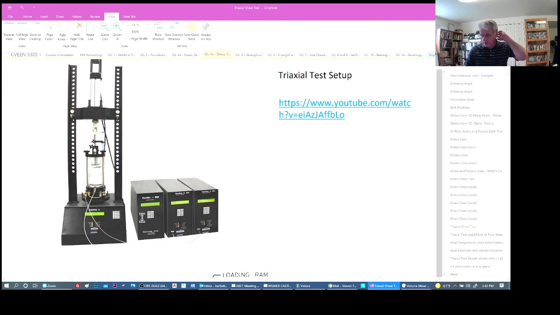So in a consolidated drained test, we'd have the specimen in here and we would flow water in it until it's completely saturated. And then we would begin to consolidate it by applying pressure to the cell, but not putting any pressure in the vertical direction downward. So it has a state of stress where it's pushing inward in all directions by the water.